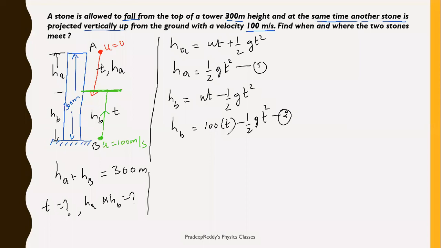I'll use this concept and add 1 and 2. So half gt square plus 100t minus half gt square is equal to 300. Half gt square gets cancelled. So t will be equal to 3 seconds.